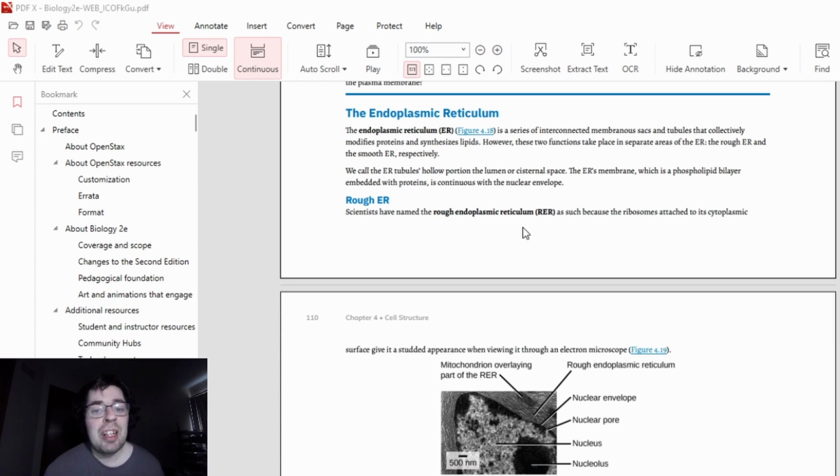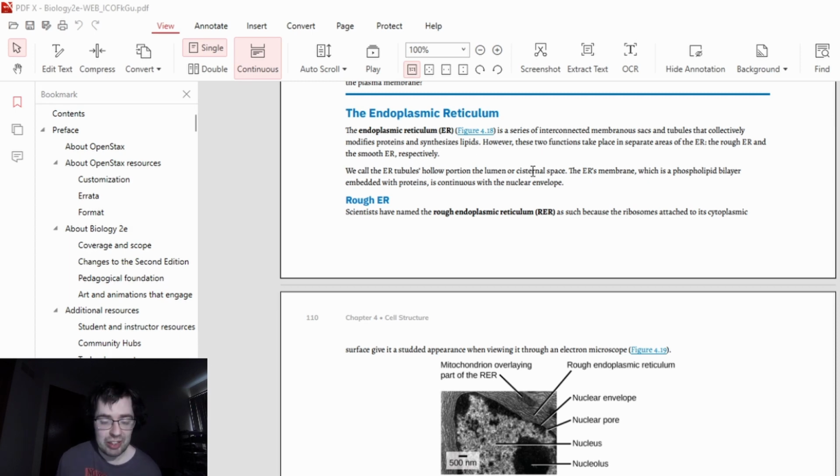The endoplasmic reticulum, or the ER, is a series of interconnected membranous sacs and tubules that collectively modifies proteins and synthesizes lipids. However, these two functions take place in separate areas of the ER, the rough ER and the smooth ER respectively. What this essentially means is that it doesn't create proteins, it just changes the proteins that are created.